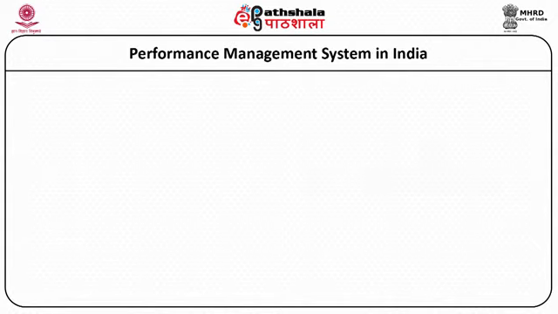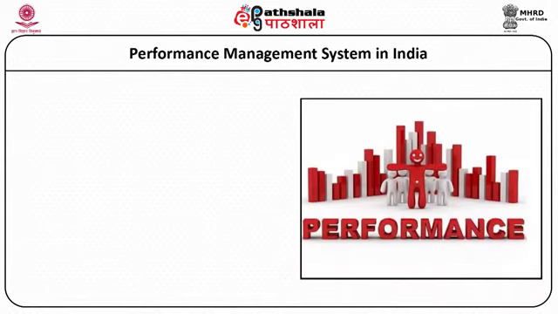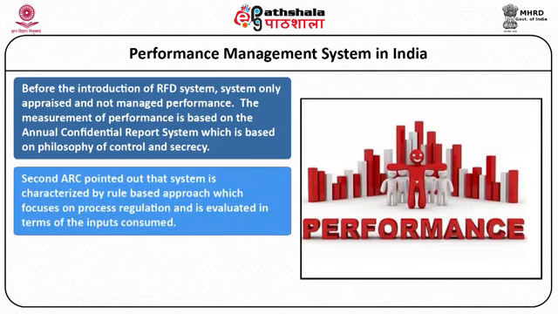Performance management in India. Before the introduction of Result Framework Document, in India we only appraised and not managed performance. The whole system was based on annual confidential reports in which the superiors appraised the performance of the different employees within the organization.